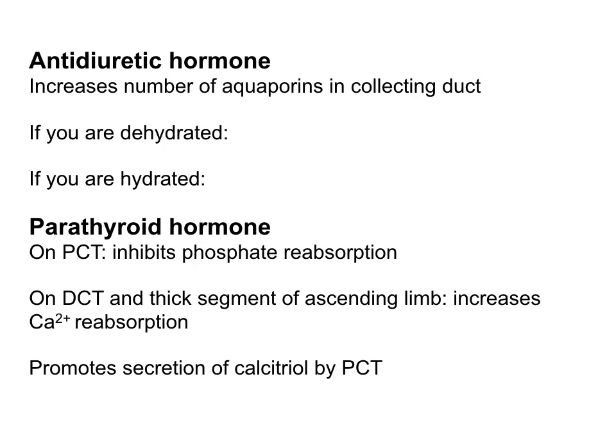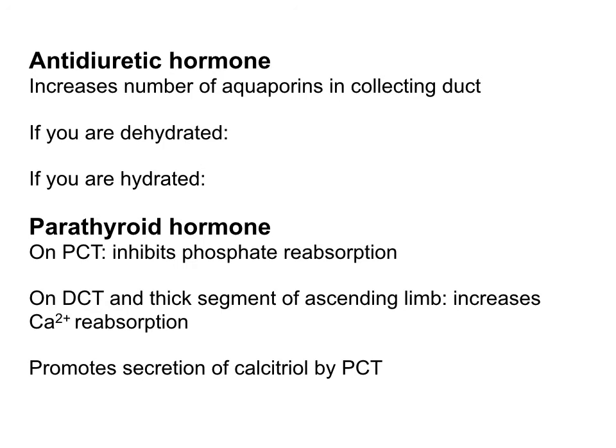So if you don't have the phosphate in your blood, you can't form those crystals. So you're going to end up decreasing bone deposition, which means you're going to keep the calcium in your blood.